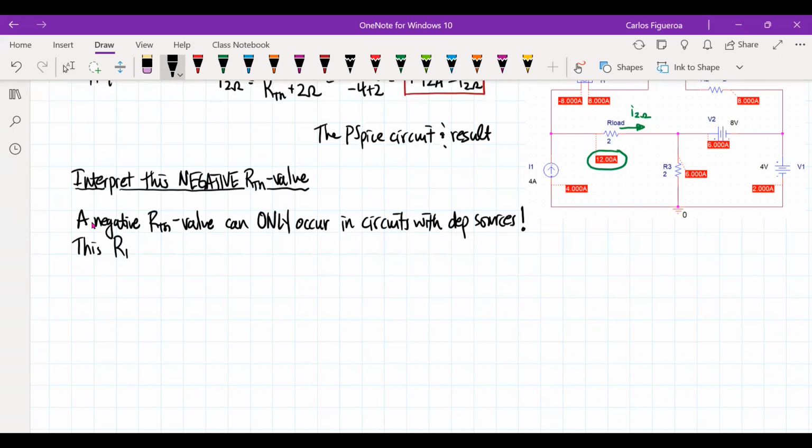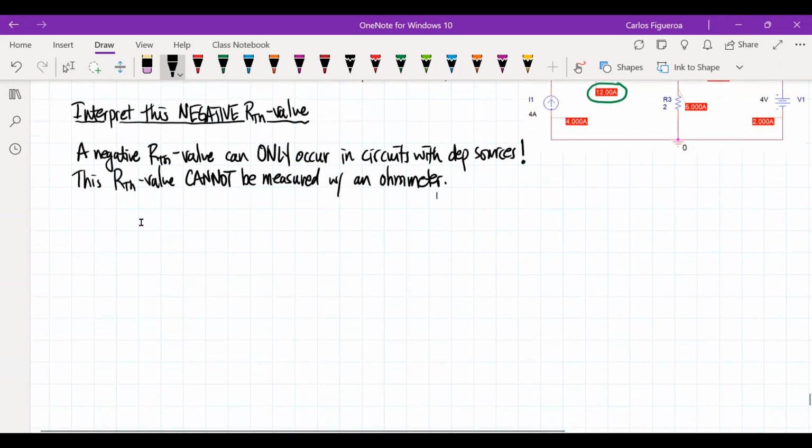This RTH value cannot be measured with an ohm meter. You can't put a meter and measure this negative resistance.